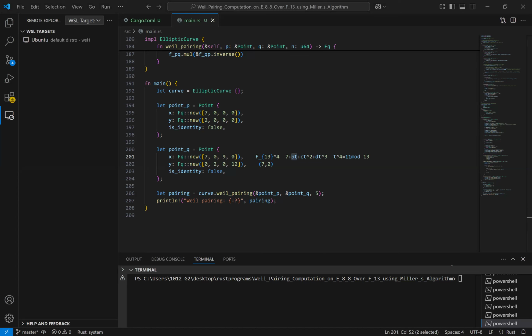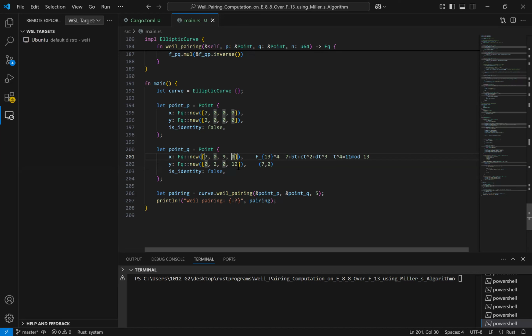90, okay. Q was 7, 90 square. So this is constant, t square, 90 square, then cubed is 0. The constant for cubed is 0.